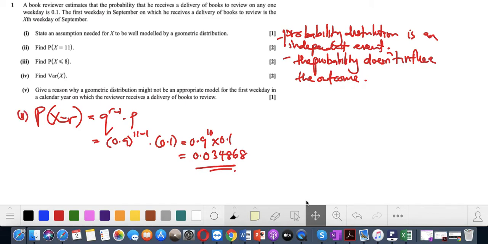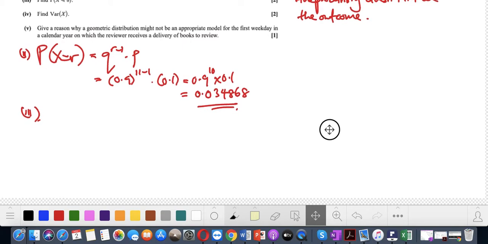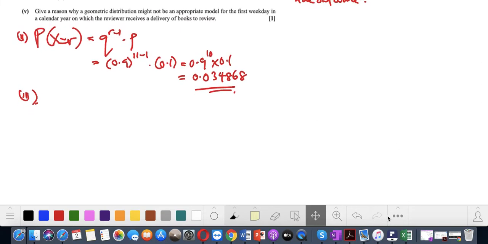Part 3, let's figure that out. Find the probability when X is less than or equal to 8. That means getting reviewed on the first day, second day, third day, all the way to the 8th day.